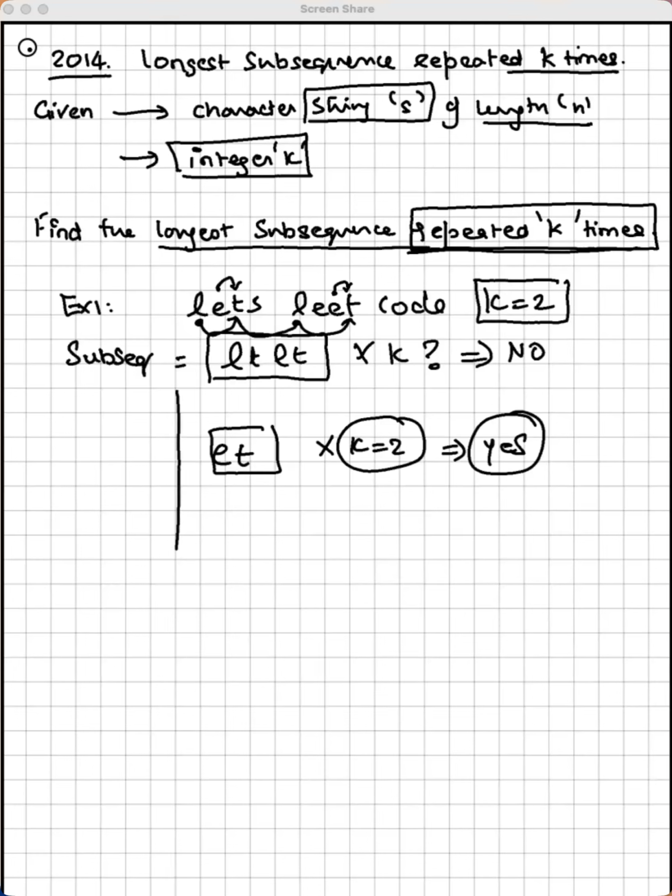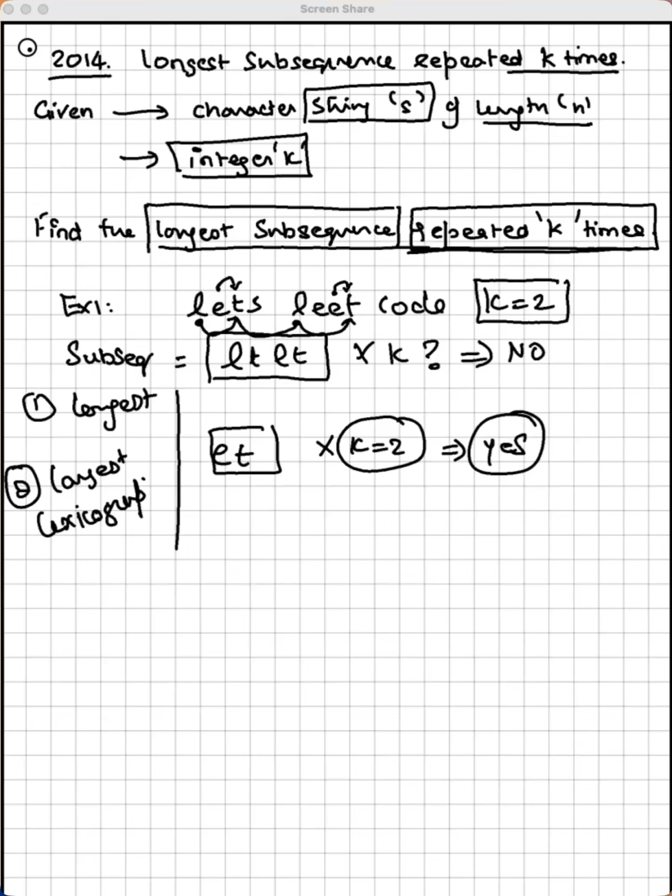But the problem has some additional constraints. The first one is that we need to find the longest subsequence. The second one is that they want us to find the lexicographically largest subsequence. So let's explore a little bit more. Let's try to generate slightly longer subsequences. I can generate LET and LET.